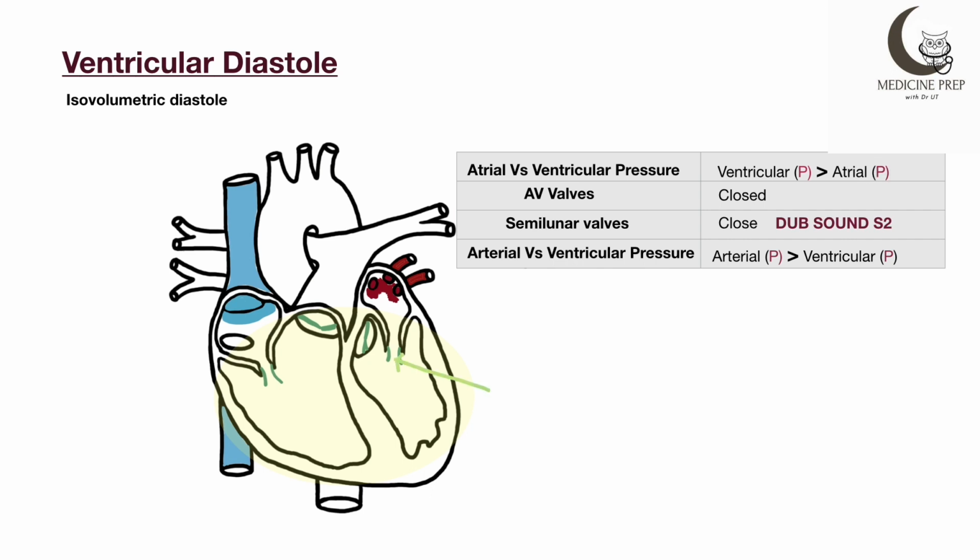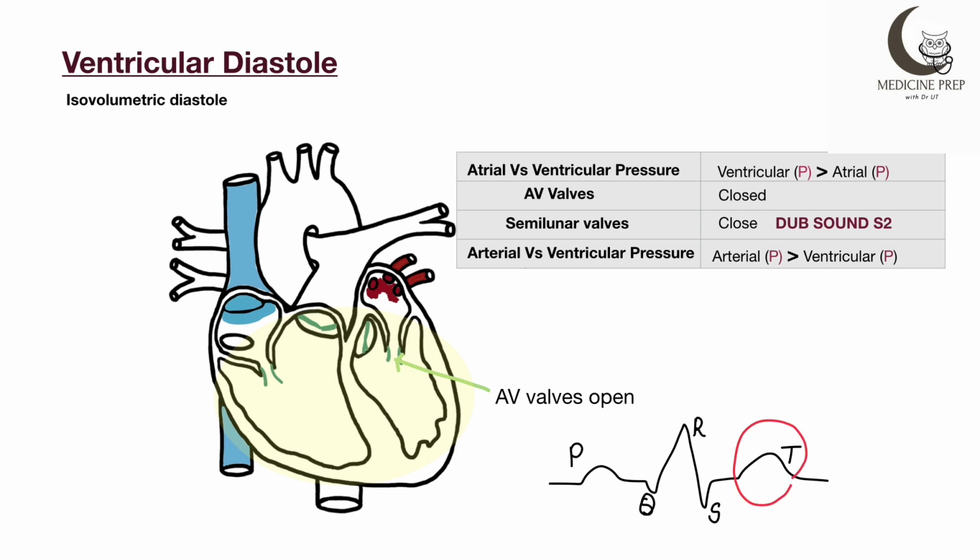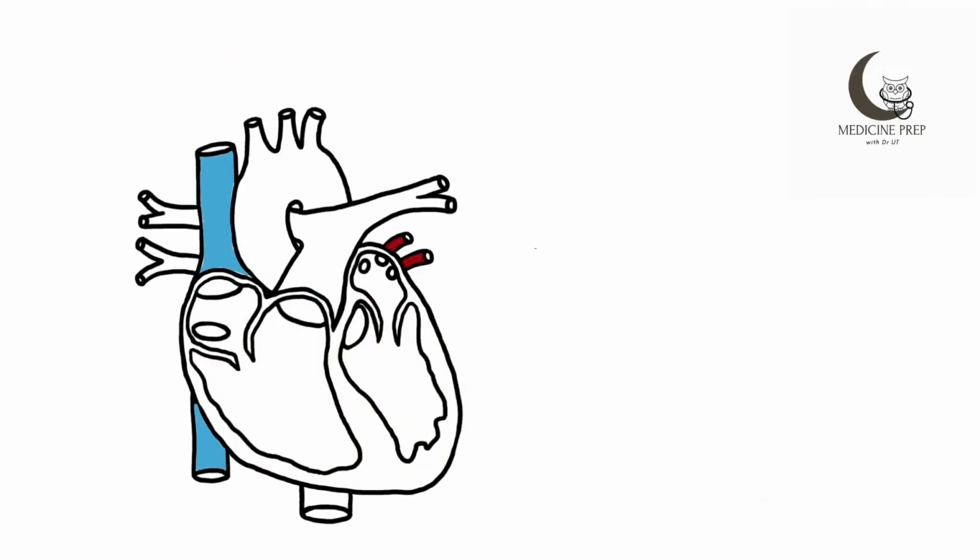However, because the ventricles are in diastole, the ventricular pressure starts dropping. And once it becomes lower than the atrial pressure, your AV valves will open. Now, this phase of ventricular diastole is represented by the T wave in the ECG.